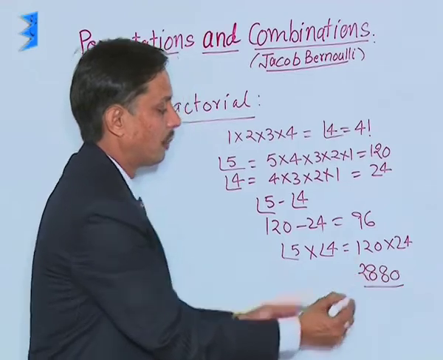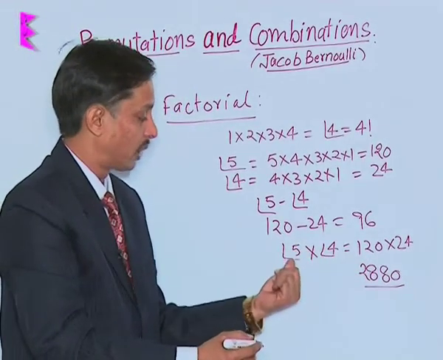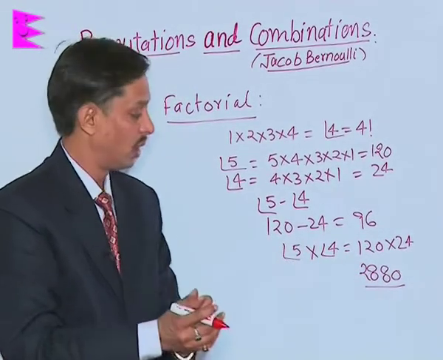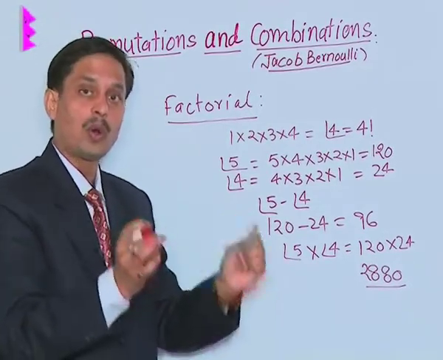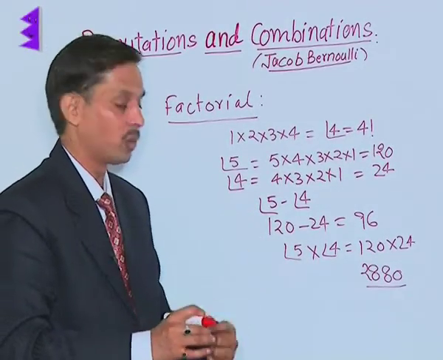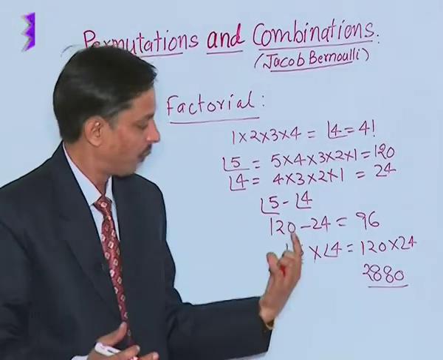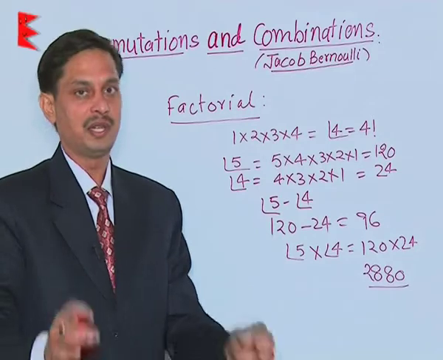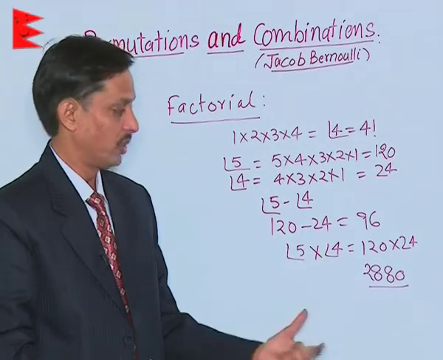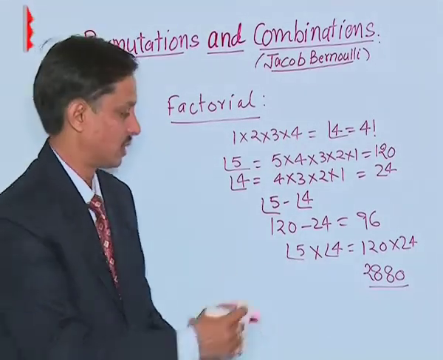So 2880 is the answer of factorial 5 into factorial 4. We should never multiply first and then take the factorial. Whenever we are solving problems related to factorial, we simplify the factorials first, then do the mathematical operations.